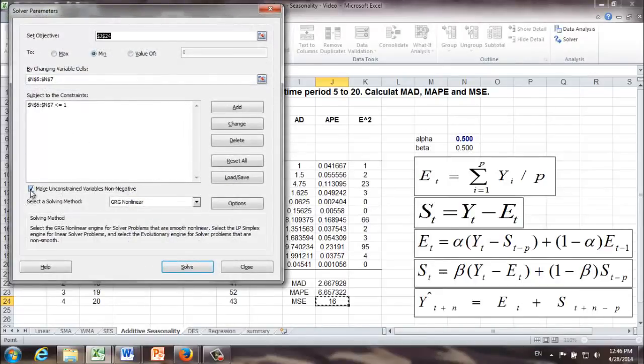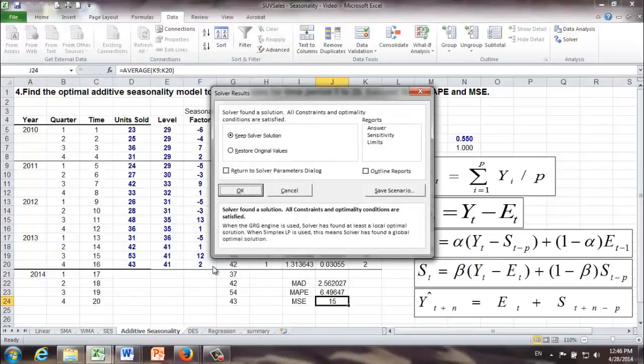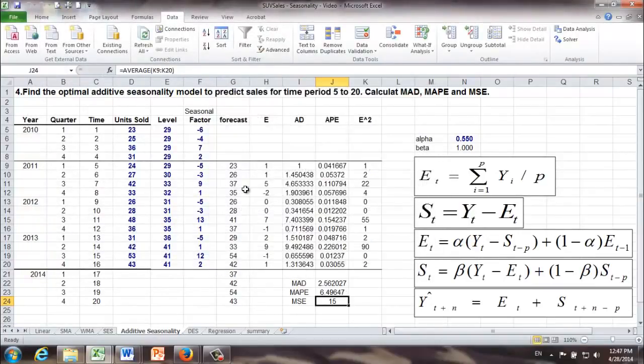Okay. And by checking this box, make unconstrained variables non-negative, we took care of the greater than or equal to 0 part. Similarly, we're going to use GRG nonlinear method. And we're ready to solve it. What do we find? The best alpha value is 0.55, the best beta value is 1. As a result, MSE is minimized to be 15.